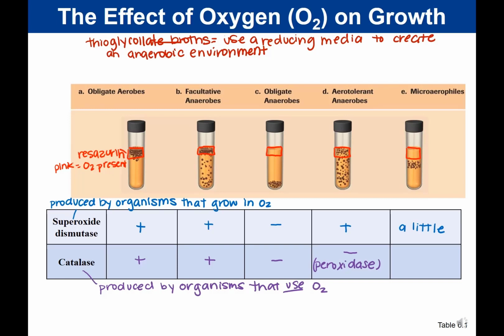It just produces water. So aerotolerant anaerobes will not produce catalase because they don't use O2. And then our microaerophiles, these would produce a little bit of catalase. And again, that's what allows them to live where some O2 is present, but only in low concentrations.